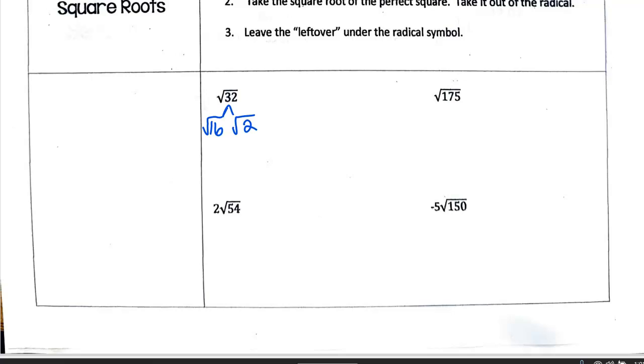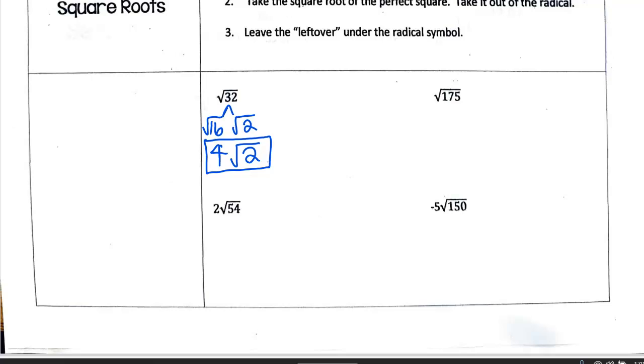I write them as separate radicals because these both multiply to be the square root of 32. Then I take the square root of 16, which is 4. The square root of 2 I can't do anything with, so it stays there, and there is my simplified answer. This is the same thing as the square root of 32.